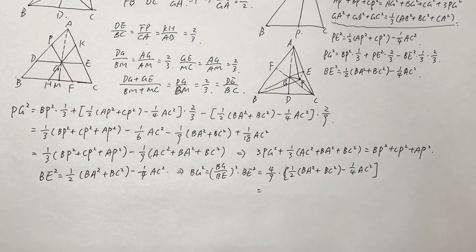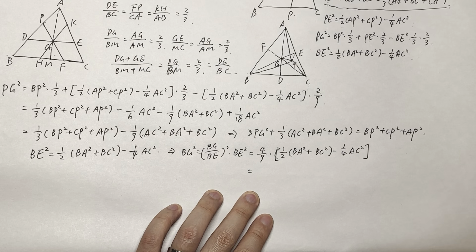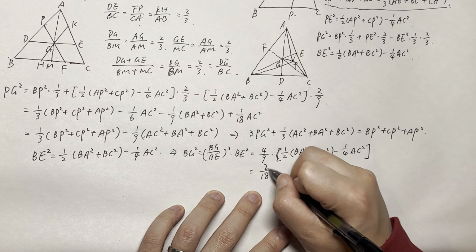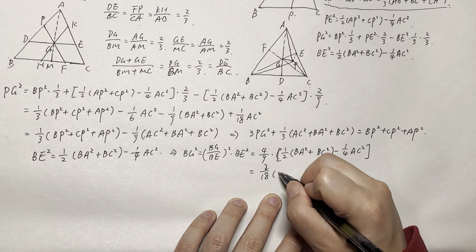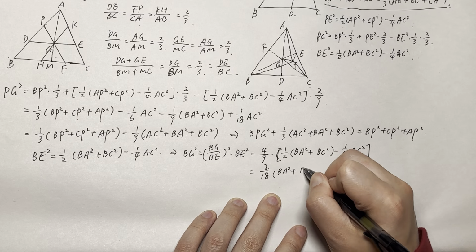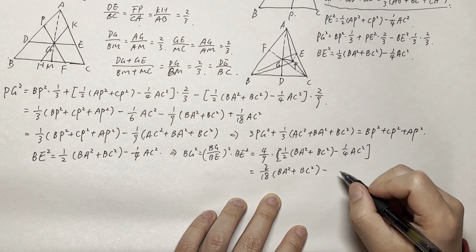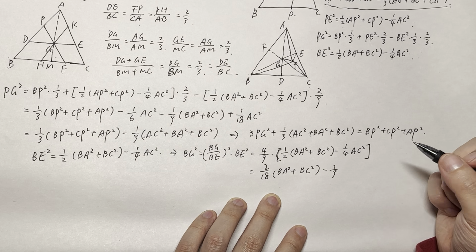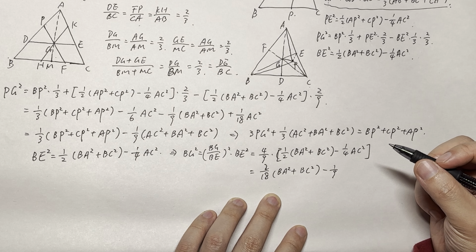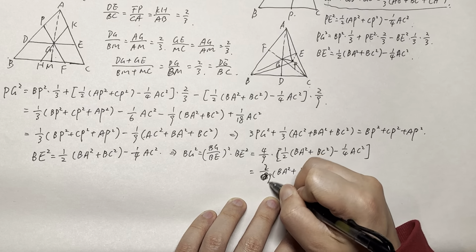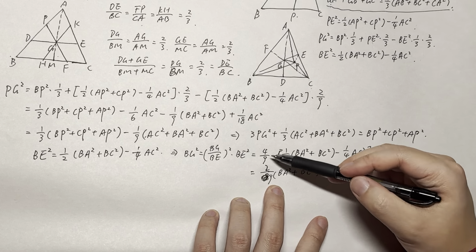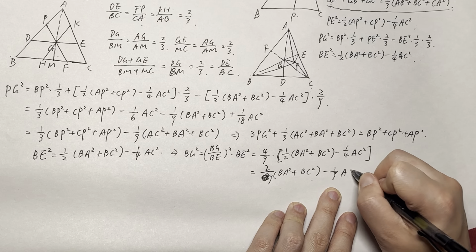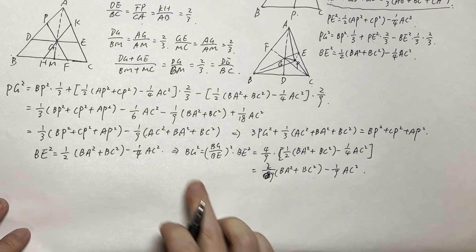So it equals 2/18 BA squared plus BC squared minus 1/9. Wait, did I do something wrong? Here, it's 9, right? 2/9 minus 1/9 AC squared. Right, that is BG squared.